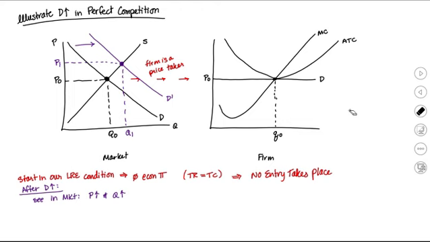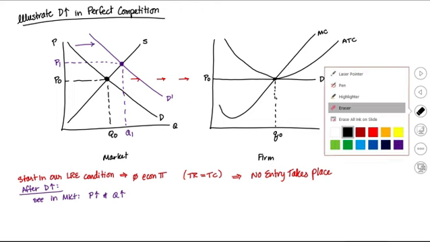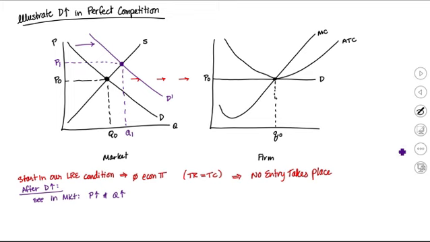But now what we want to do is figure out how firms are going to respond. So guys, if the market price goes up to P1, what's the firm going to do? They're price takers, right? So what's the firm going to do? They're a price taker, so they're going to take that new price, right? So let's remind ourselves that they're going to adopt this new price, P1.